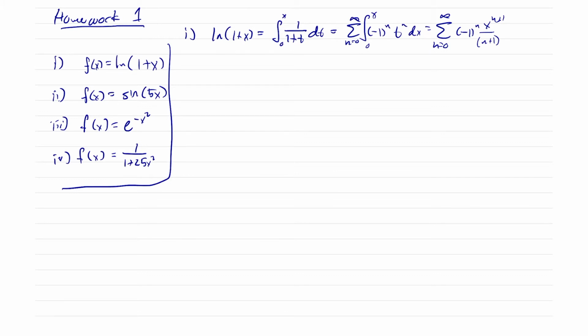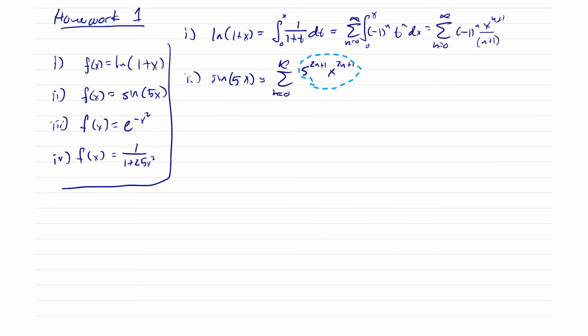Okay. Then we can go and do the second one. Again, we just know the Taylor series for sine, and might as well just go ahead and use that. So this is going to be the sum n equals 0 to infinity of 5^(2n+1) times x^(2n+1).